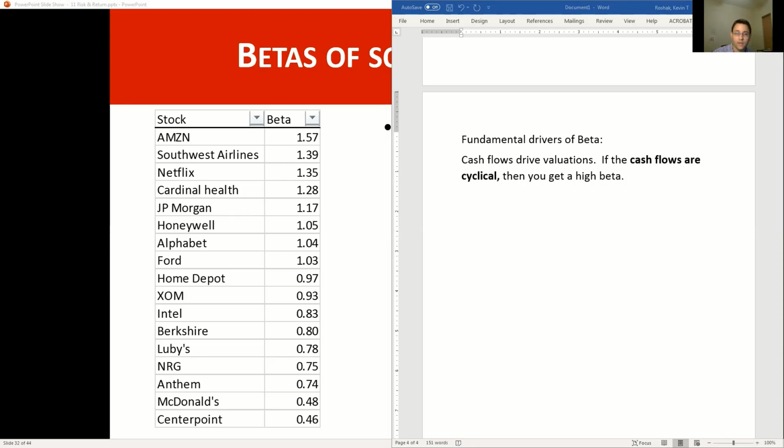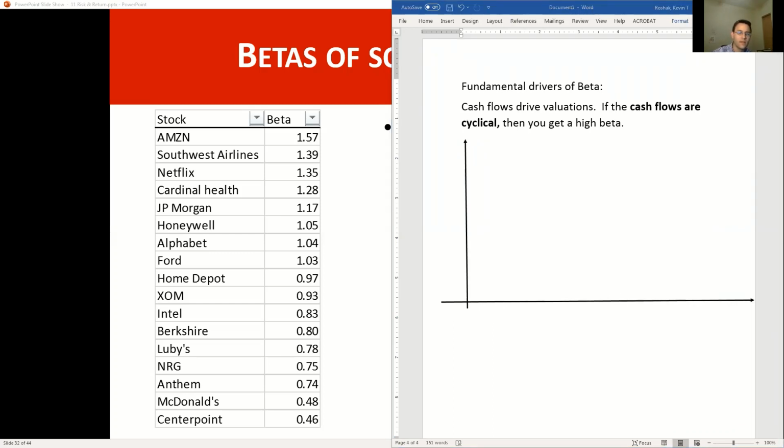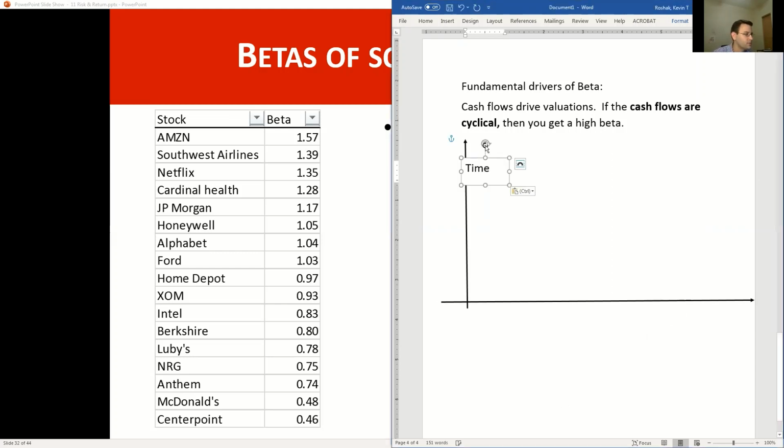So let me just draw a picture to show what I mean. Okay. We're going to plot over time what's going on with like revenues. Okay, so on the x-axis, we're going to have time. On the y-axis, we're going to have kind of dollars.